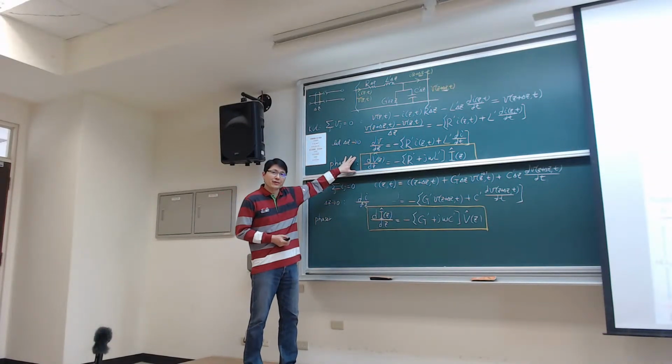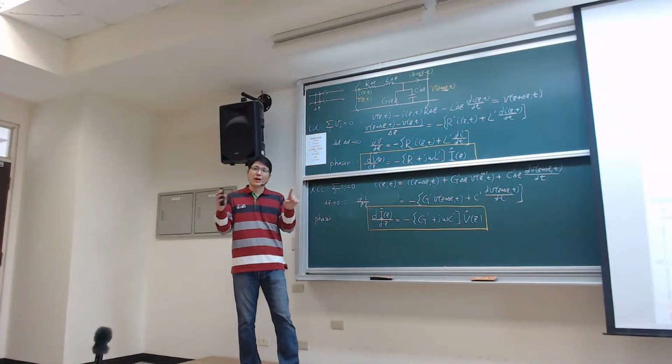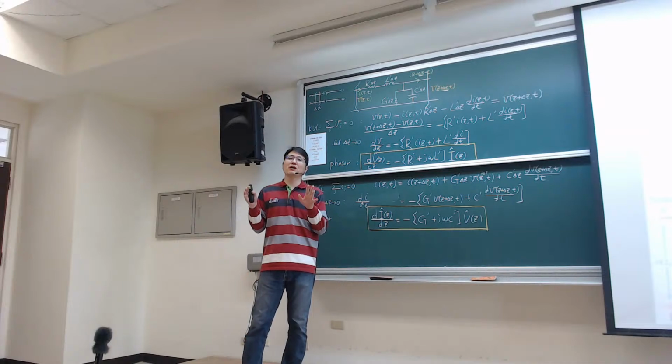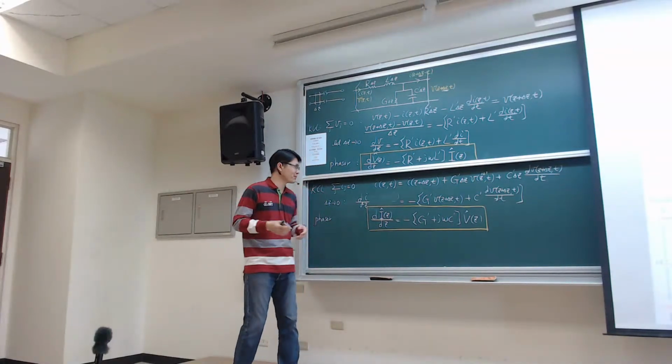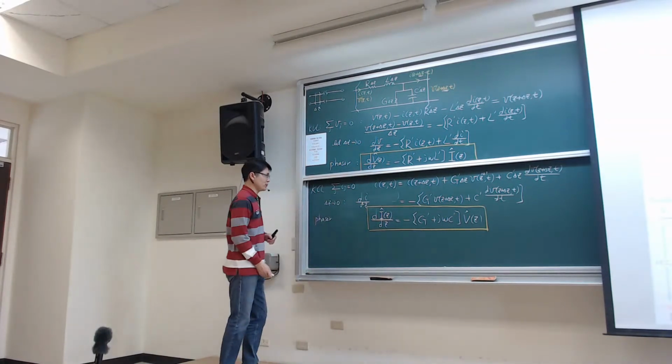Can we perform another differentiation so that the unknown to be solved on the left-hand side and on the right-hand side of the equality sign is the same? So that's what I want to do.